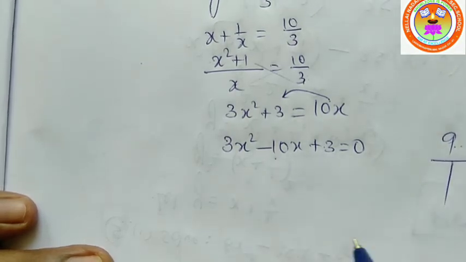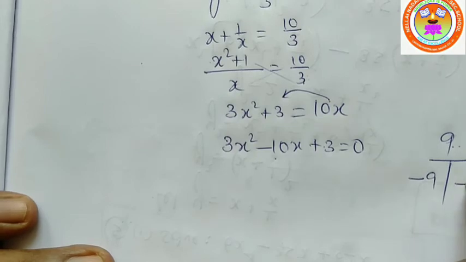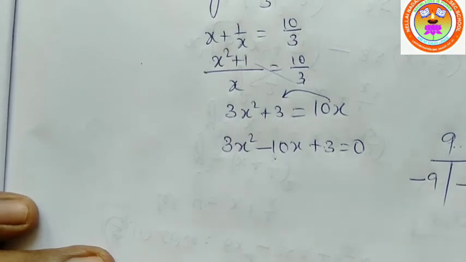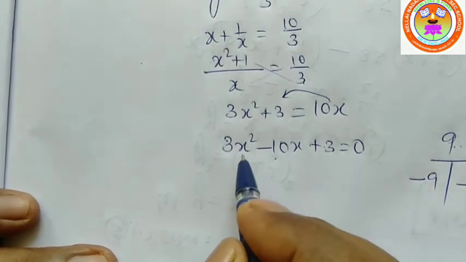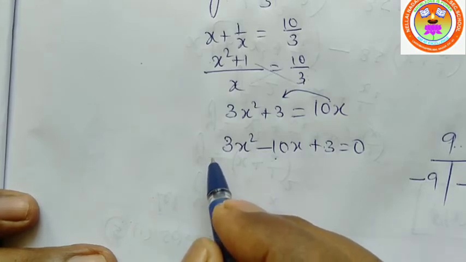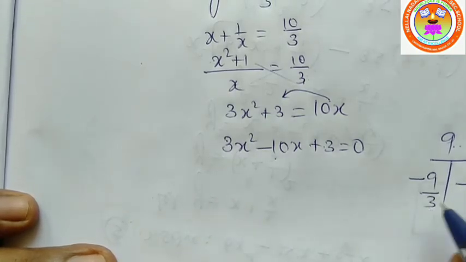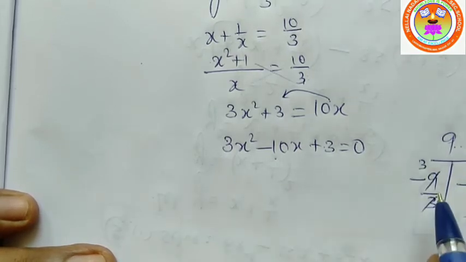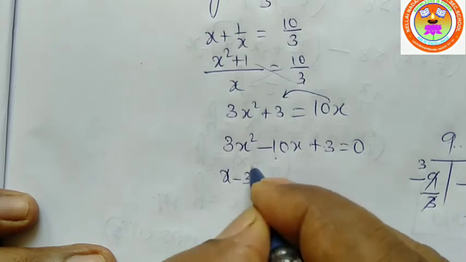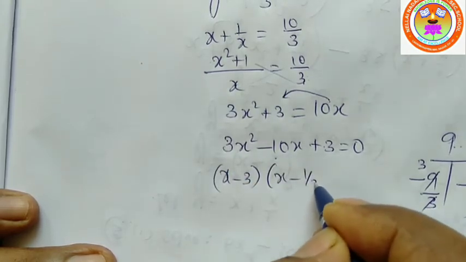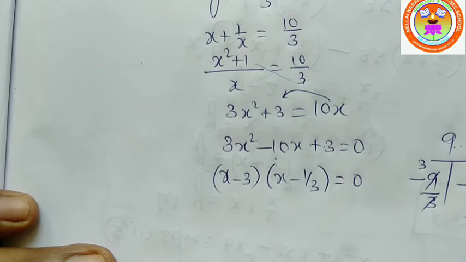The only possible numbers are minus 9 and minus 1. Moreover, the square term contains one numerical coefficient. So divide this coefficient for each root. So 3 3s are 9. So we can write the factors directly. That is (x minus 3) into (x minus 1 by 3), which is equal to 0.